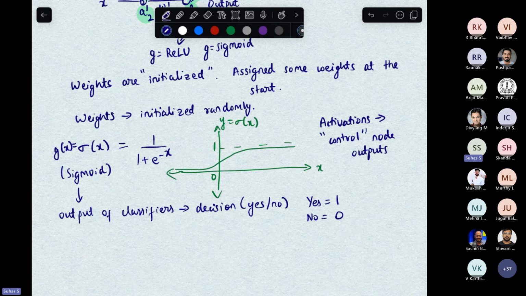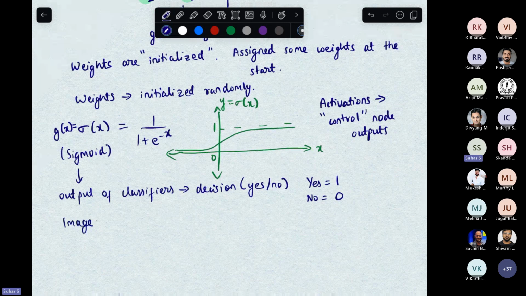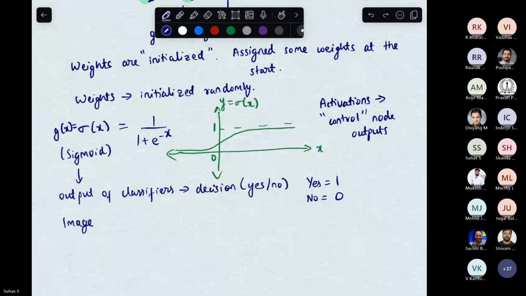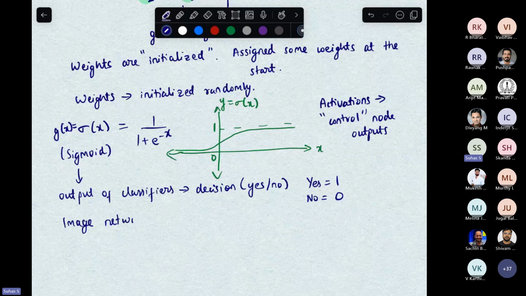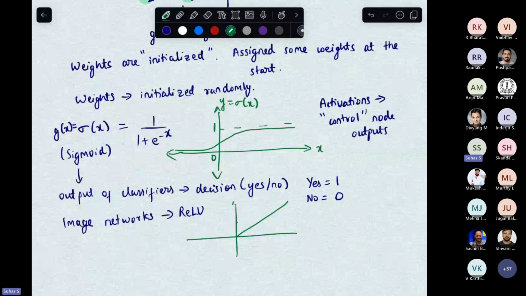Depending on what you want your network to do, you will choose different activations for different layers of your neural network. For image networks, you might want to use ReLU, which is basically anything less than 0, it gives 0, and anything greater than 0, it gives the same output.